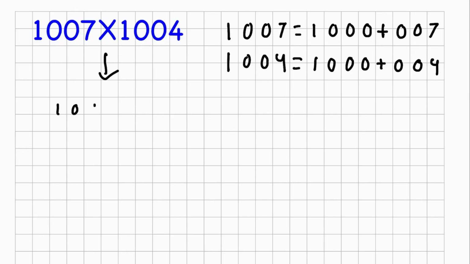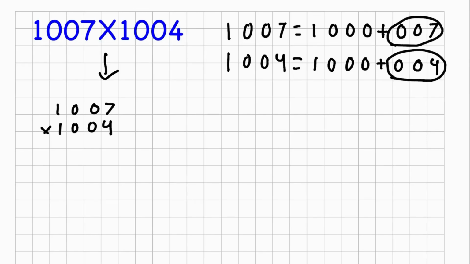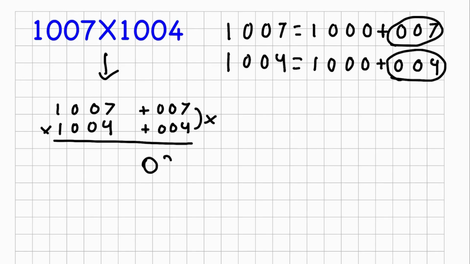Now we write the question like this. Write this 007 over here, and this 004 over here. Now multiply 007 and 004 to get 028.